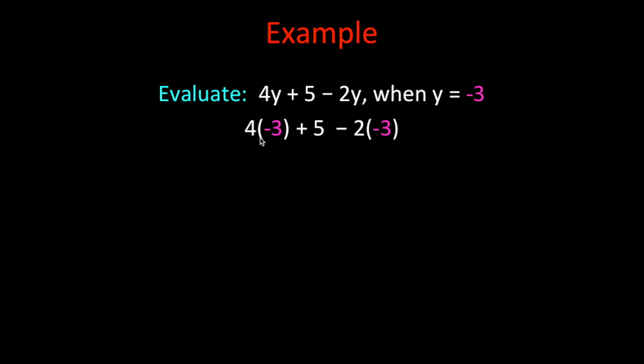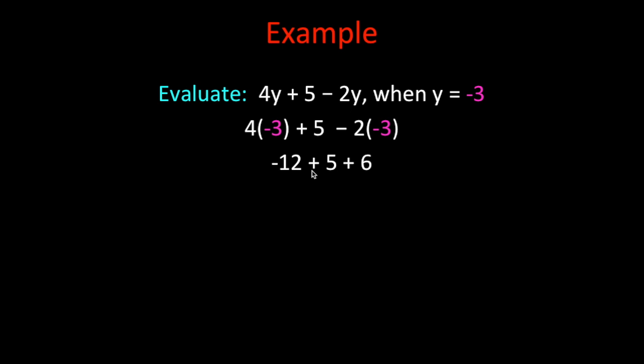So now we have multiplication, which you're going to do first. 4 times -3, you multiply, and it's going to be negative because one number is negative. And -2 times -3, remember the minus and negative is the same thing. So a negative and negative give you a positive. 2 times 3 is 6.